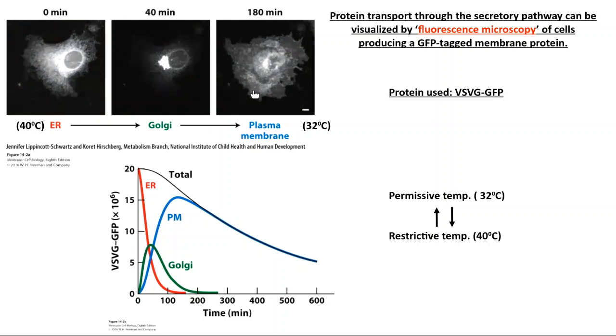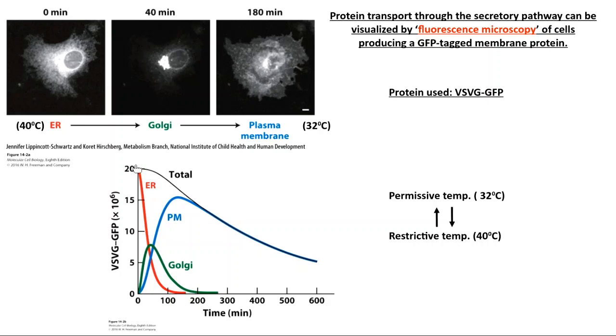So from this tracking experiment, we can definitely say that the secretory protein moves from one compartment to another with time. If we graph this experiment, this is the restrictive temperature at 0 minutes, 40 degrees, so all the proteins are in the ER.